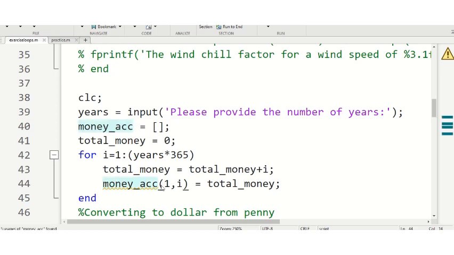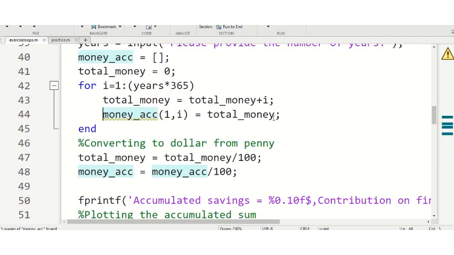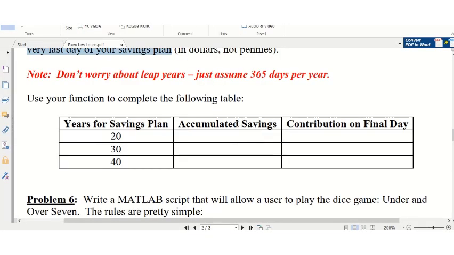For saving the values, we are defining money accumulated. This is for showing the values. So end here, okay. In the question, the savings plan was asked in dollars, not pennies.